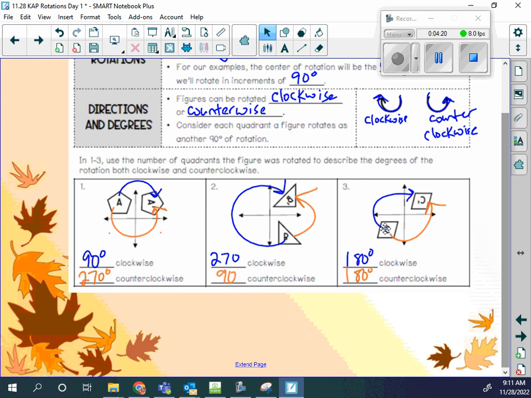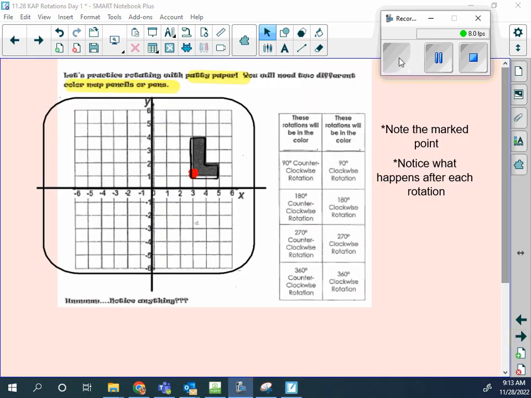Does everybody get it so far? Okay. Now, if you're at home watching this video, patty paper is like tracing paper, which is what we're about to use. You would need to lay it directly on top of the coordinate grid on your paper. Go ahead and trace, and also make sure you label the X and the Y axis, and then trace the shape that you see and put a dot in that corner.